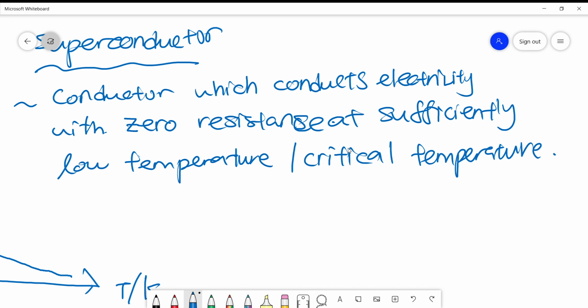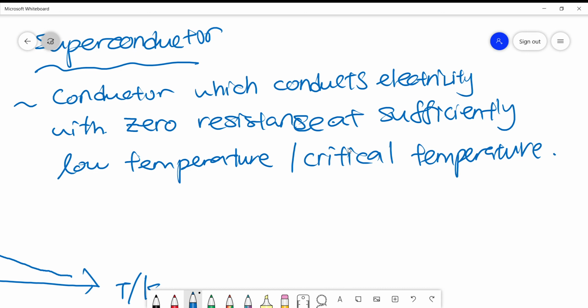So if we wish to conduct electricity with zero resistance, we must allow the conductor to exist at a condition of low temperature, or I can say the critical temperature.